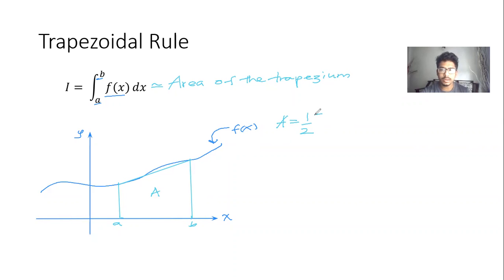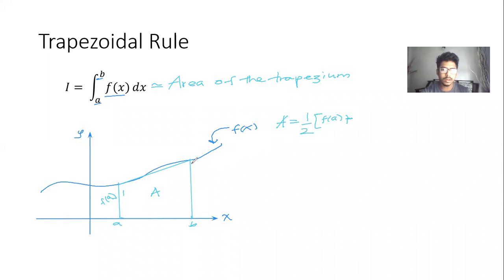So now what is the length of this side? This side, what is this length? Now we know this is a function f of x. If we put a in this function, we get this height, which is f(a). So that length is f(a). So let's put that here.